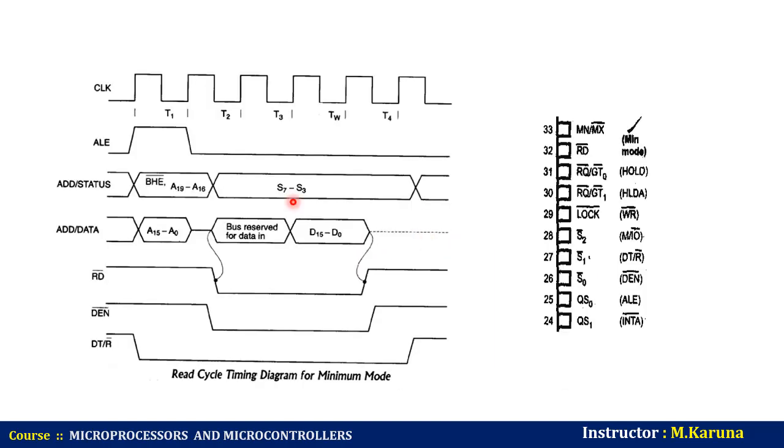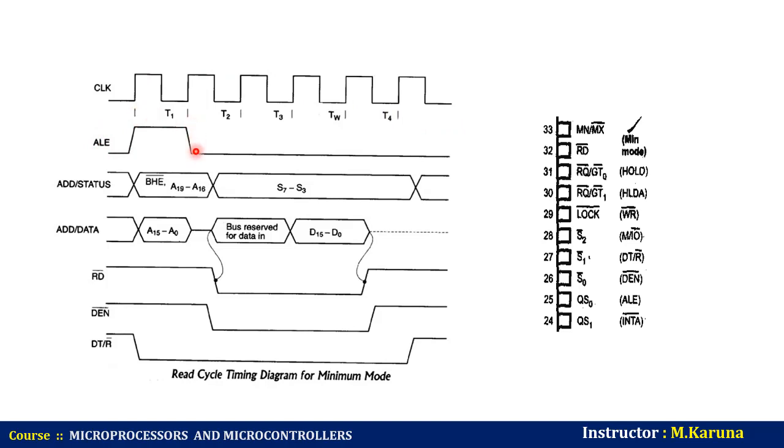When the processor is ready to initiate a bus cycle, it applies a pulse to ALE. These are the signals generated by the clock generator: T1, T2, T3, and the waiting state TW. These are also known as machine cycles. This is the address latch enable signal.